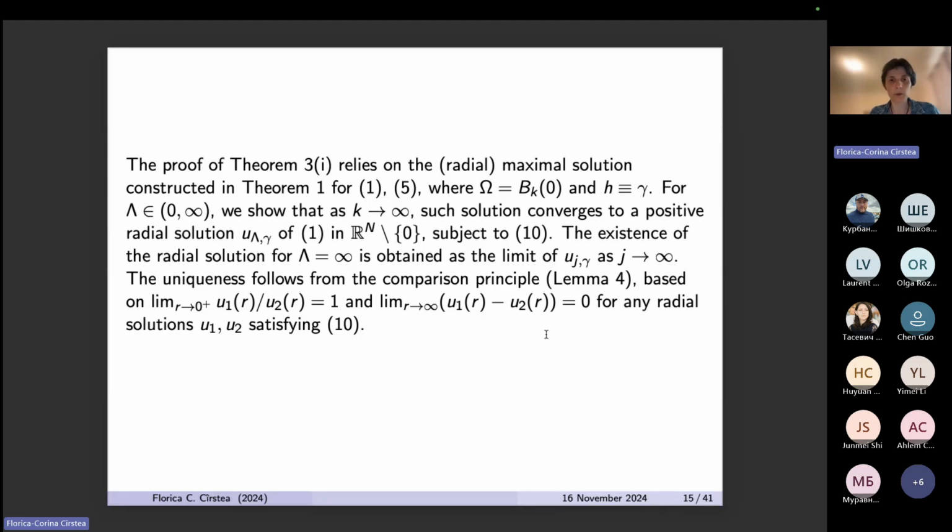So that's roughly how you get the solutions in the entire space: from the existence of solutions on bounded domains, increasing the radius of the ball, and on the sphere of radius k you take gamma, the constant that you want as the limit at infinity. So that is the idea.